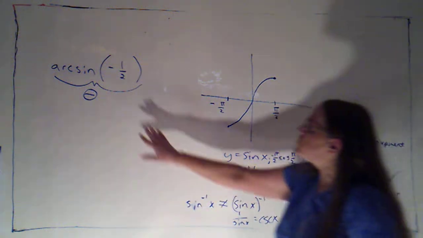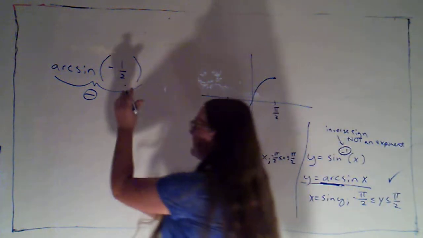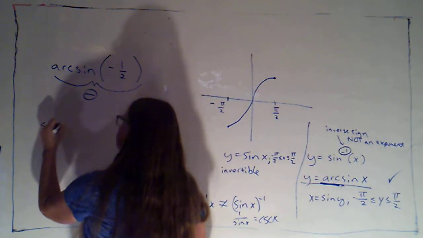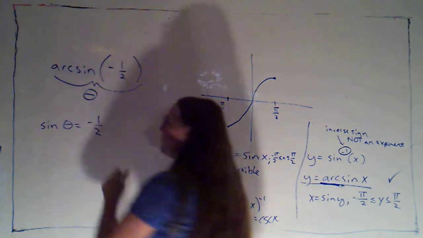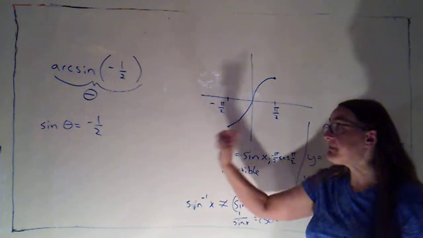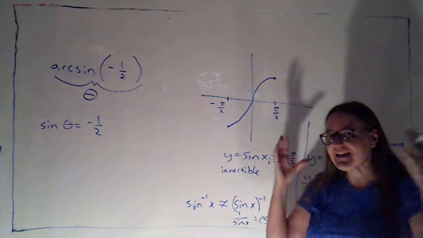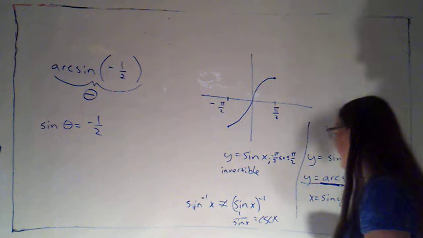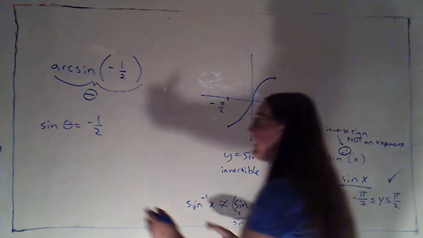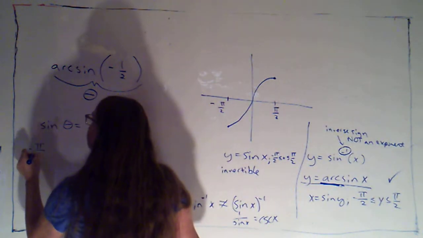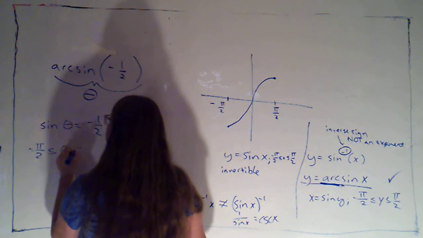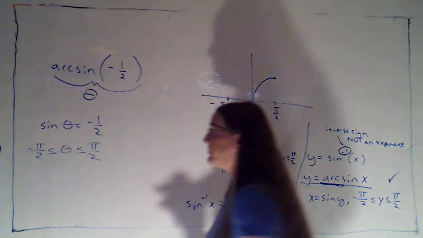Okay. So what this means, by giving it a name, I can now say this means that sine of theta is -1/2. But that's not all it means, because if I just write that, that equation has infinitely many answers. I also need theta to be between -π/2 and +π/2.